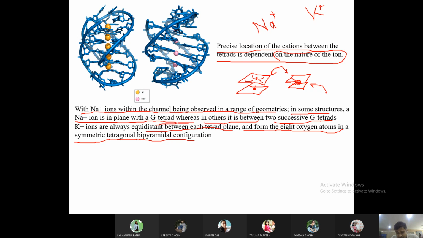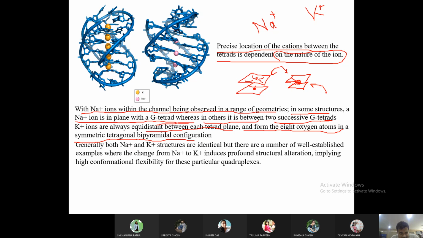Why so? Because it depends on the chemical nature of the ions. But why is it important? Important because generally both sodium and potassium structures are identical, but there are a number of well-established examples where the change from sodium to potassium induces profound structural alteration, implying high conformational flexibility of these particular quadruplexes.